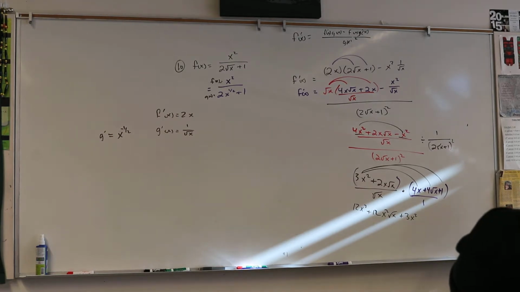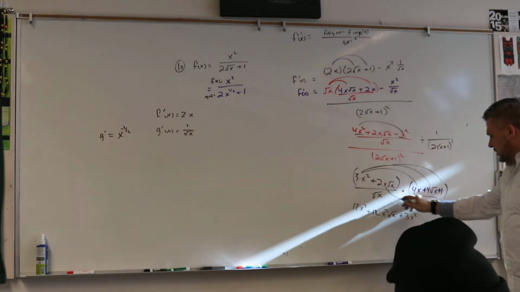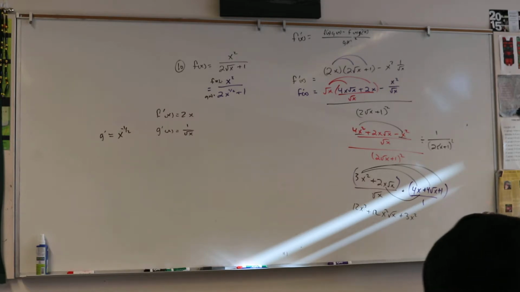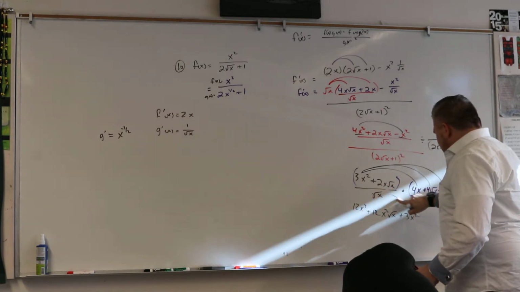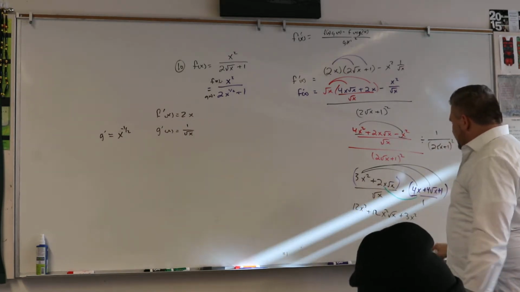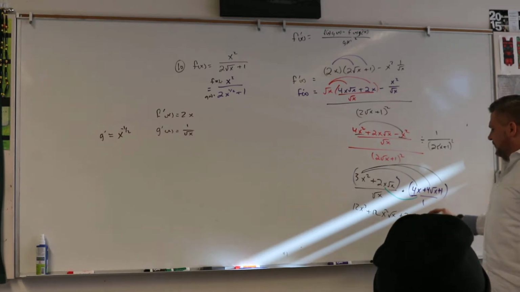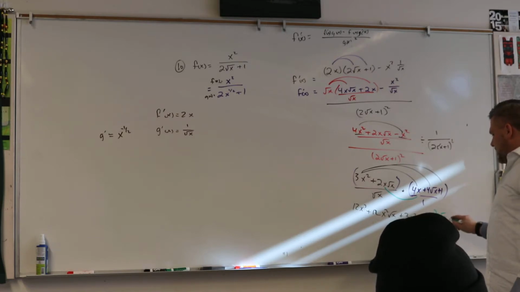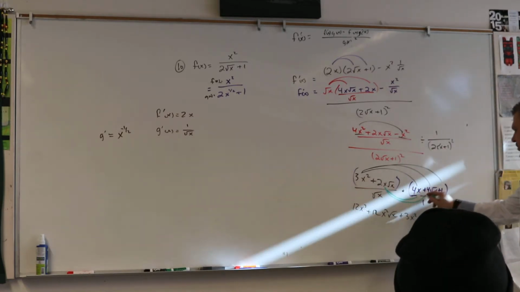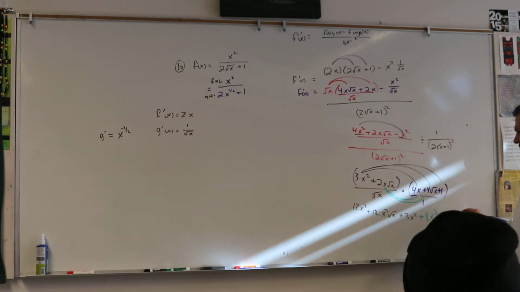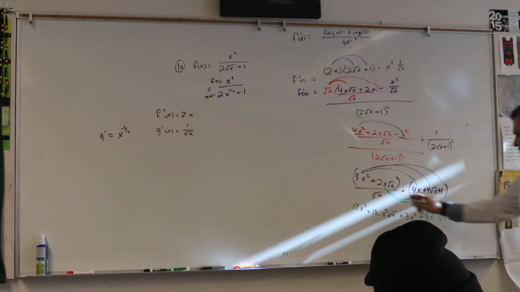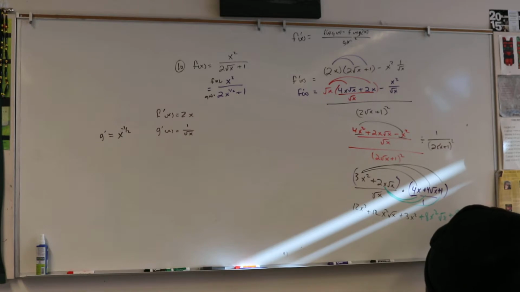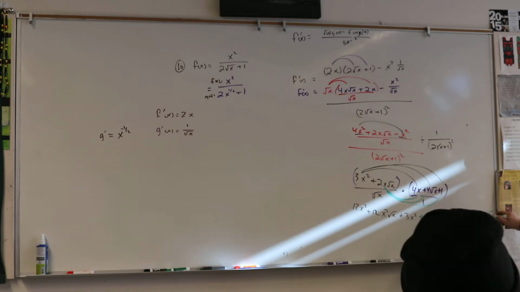And then, now I've got to take this guy, boom. And maybe I should change color at that point. Because then we'll want to collect like terms anyways. So, take this guy and multiply it. And so what I got there is 8x squared square root x, right? Plus 8x square root x plus 2x square root x.